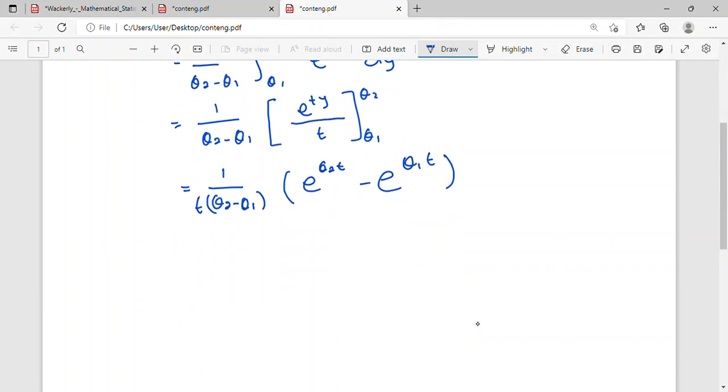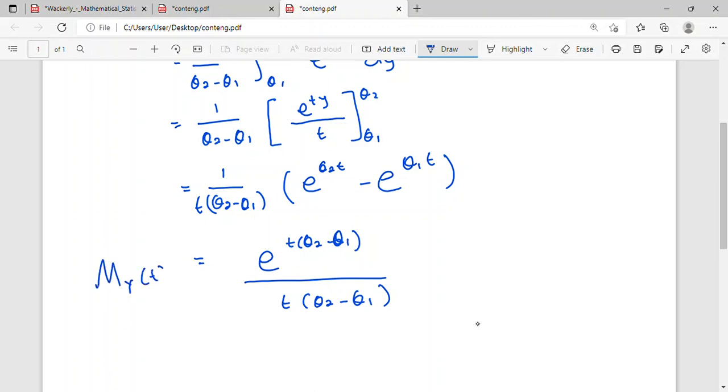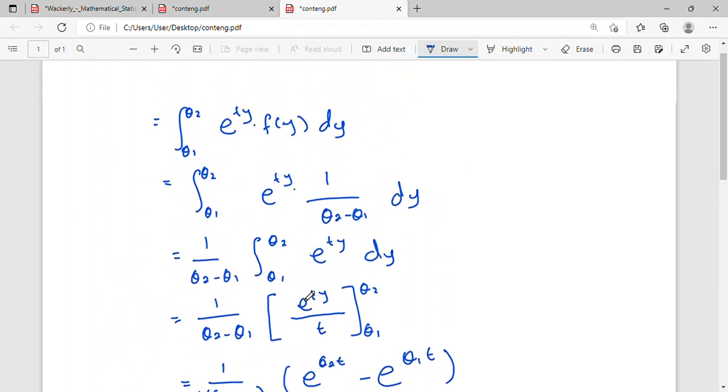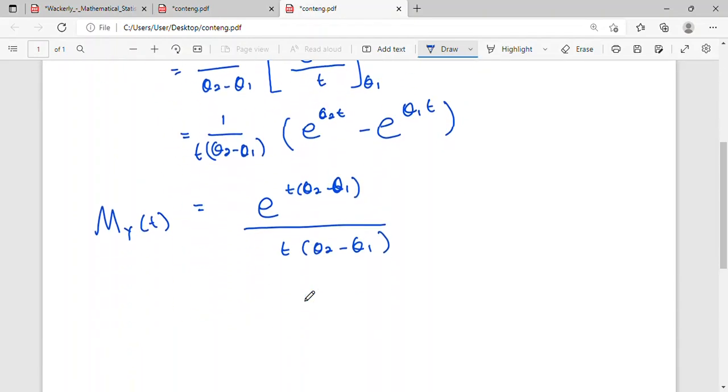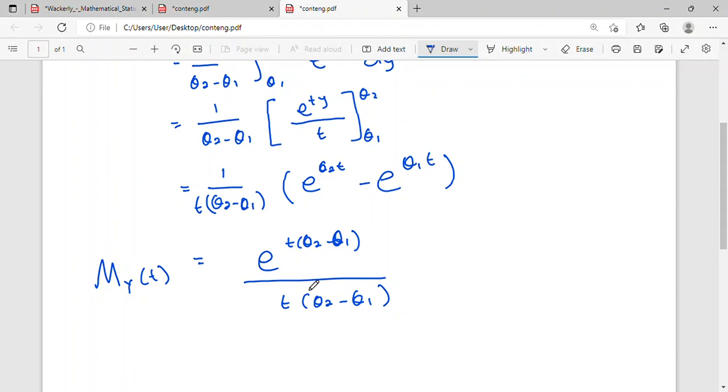Okay, so kita boleh simplifykan dia jadi e^(theta 2 t) minus e^(theta 1 t) divide dengan t(theta 2 minus theta 1). So ini adalah MGF untuk uniform yang you hafal sebelum ni. So this is the way how you derive the MGF for uniform distribution. Okay, so that's all. Okay, so itu sahaja untuk uniform.